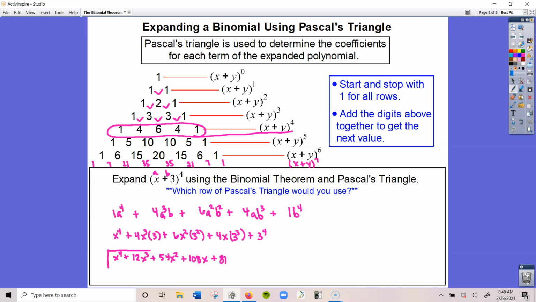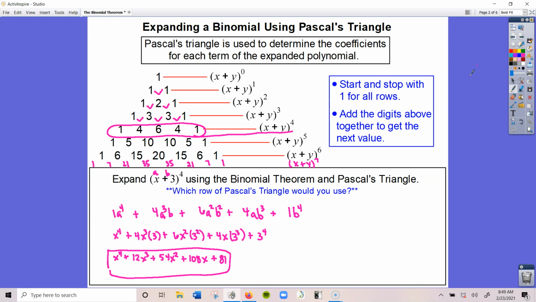So this would be my binomial expansion. So rather than doing x plus 3 times x plus 3 times x plus 3 times x plus 3 because of the exponent, we actually only use these steps in order to get that expansion.